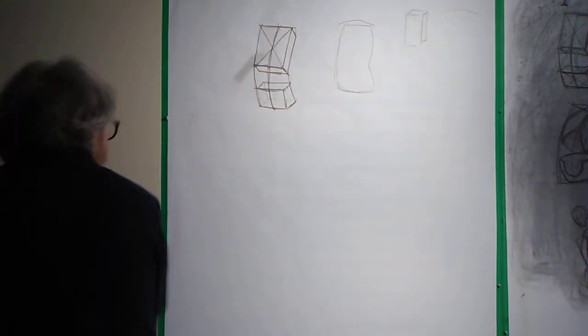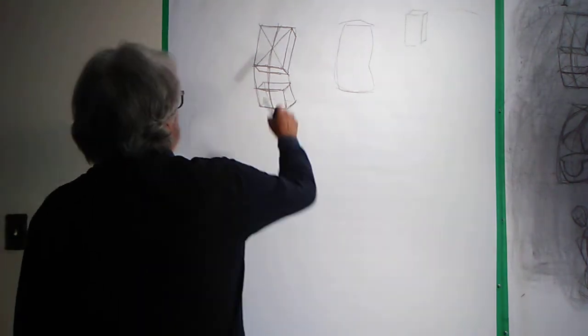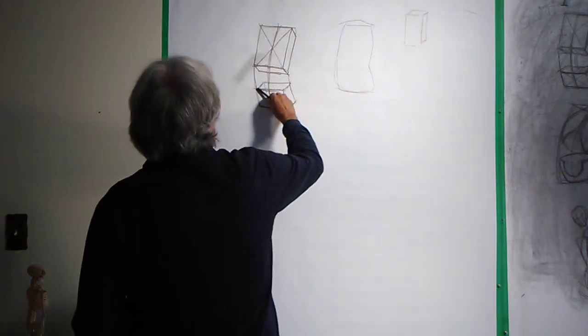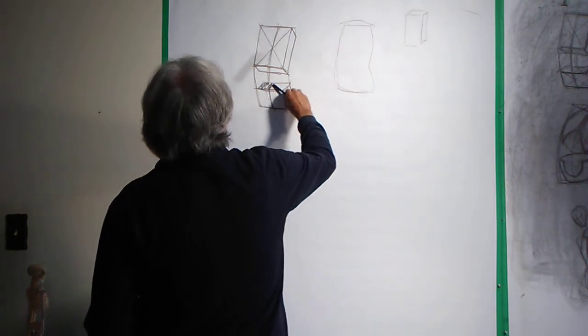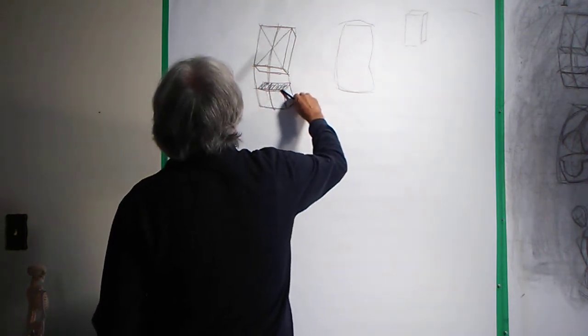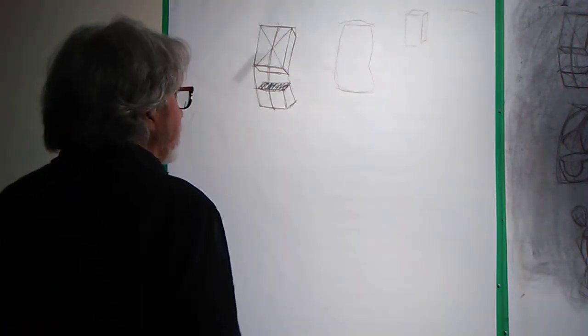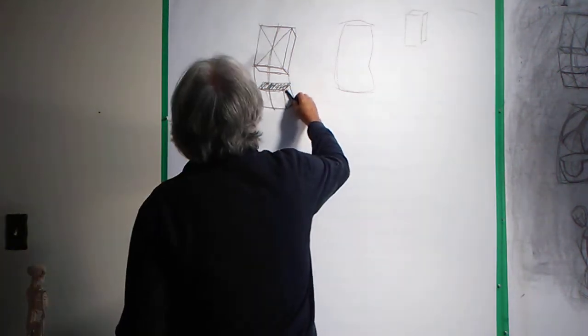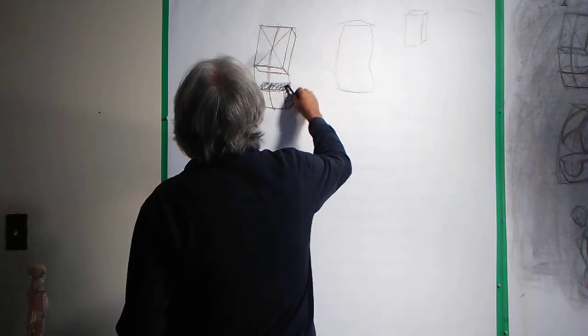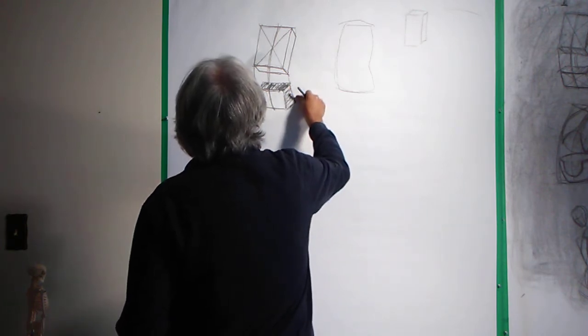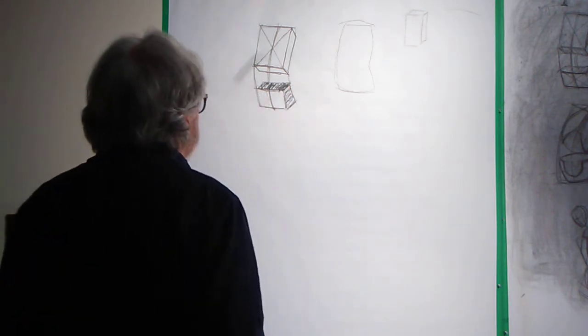The only other thing that I'm going to do to this, and you can do it on yours, to show these planes that go back, feel free to take your soft pencil and darken the plane that's going in. Darken the plane that's on the side. They can be the same value, but if you want, they could be two different values.